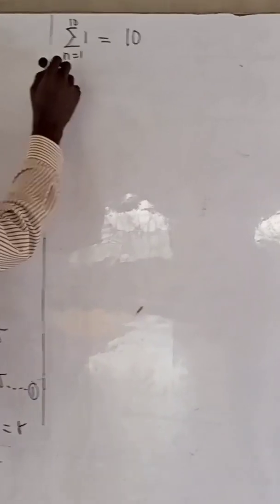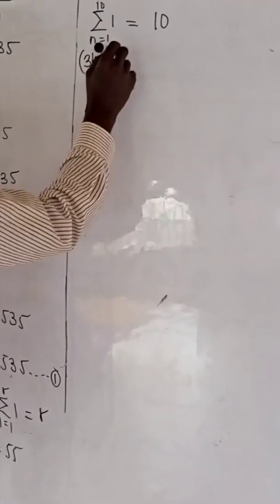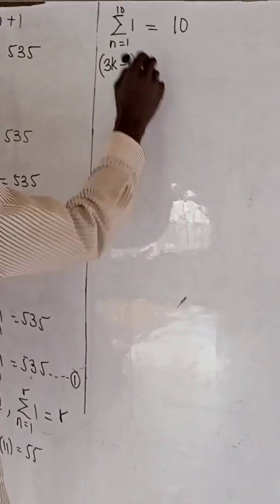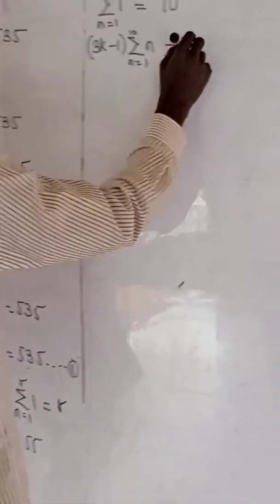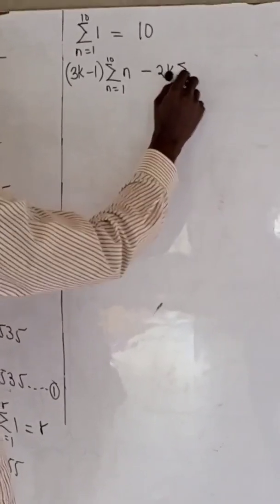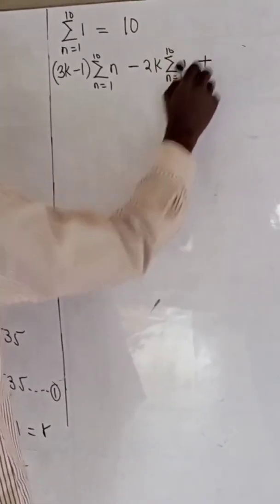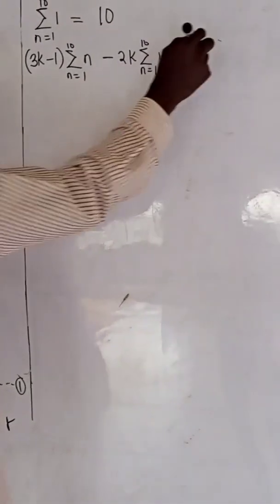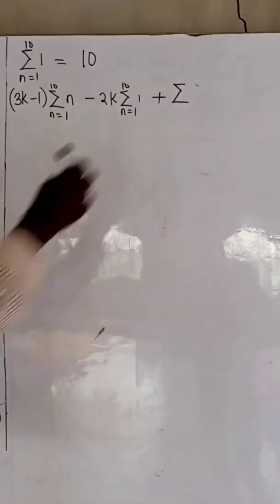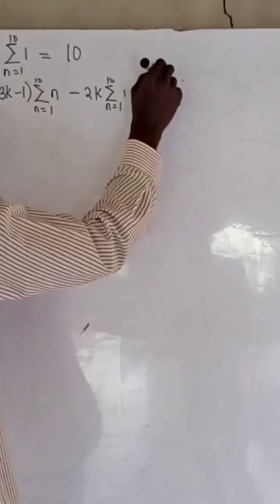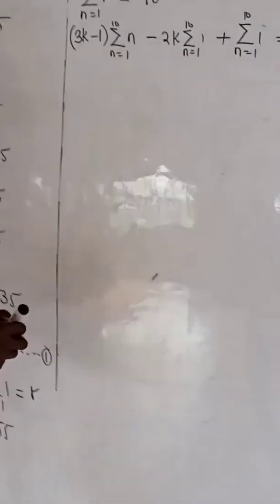So that means I'll be having 3k minus 1 of sigma from n equal to 1 up to 10 of n minus 2k sigma from n equal to 1 up to 10 of 1 plus sigma from n equal to 1 up to 10 of 1 equal to 535. Then I can put this.